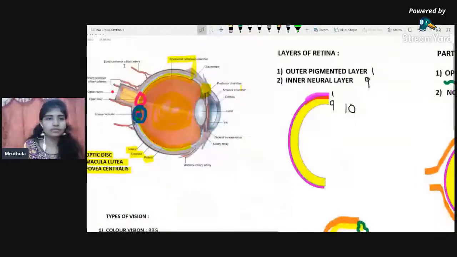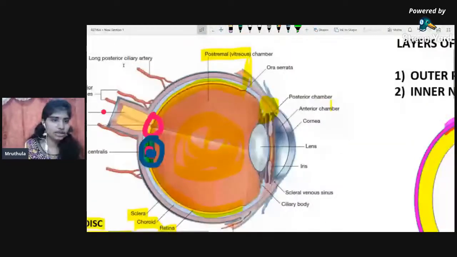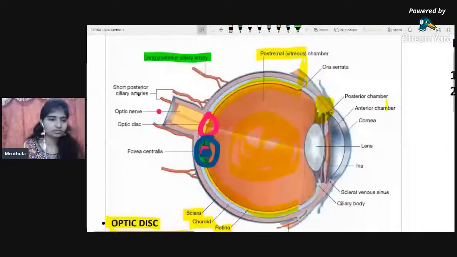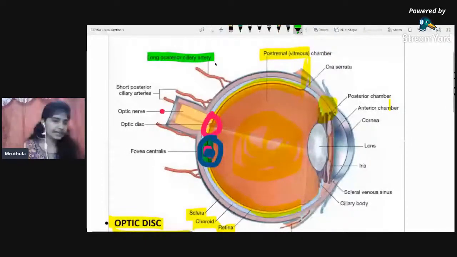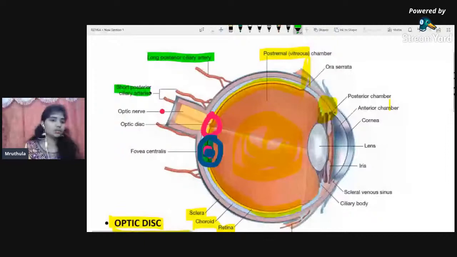Look here. There is something mentioned as posterior ciliary artery, right? Long posterior ciliary artery and the short posterior ciliary artery. So these are the ciliary arteries. They supply the outer 1/3 of the retinal layers. The outer 1/3 is by the ciliary arteries.